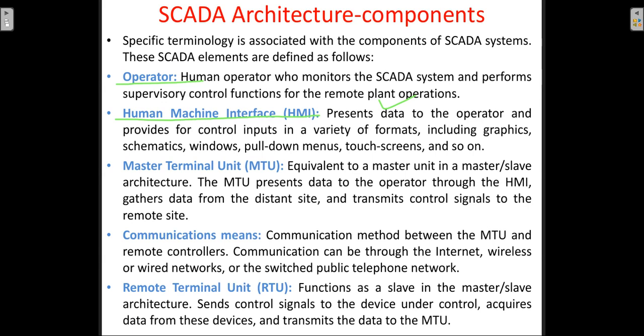Sometimes you have the data of the power being consumed in a particular day, in a particular section. How exactly can it be represented? It can be represented in tabular format, in graphical format, or in schematics. Suppose you have a solar power station installed.